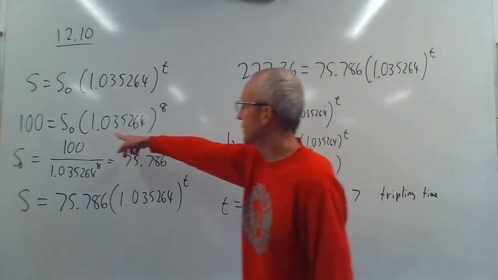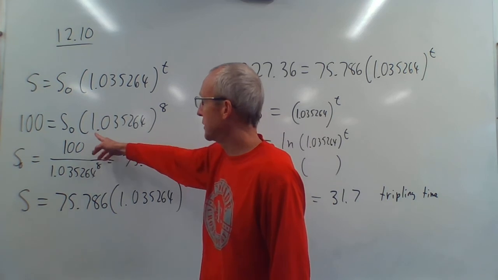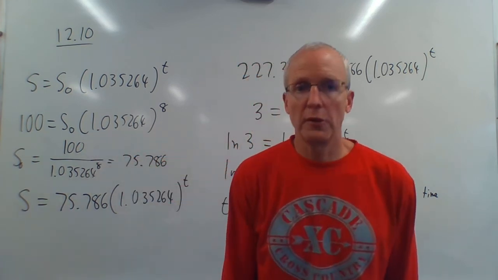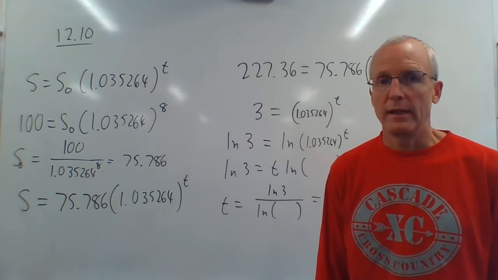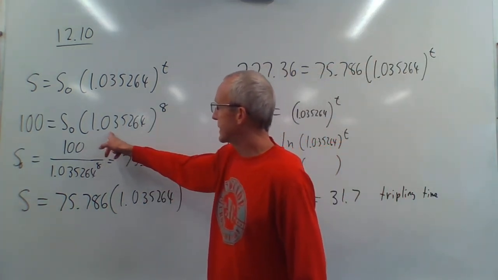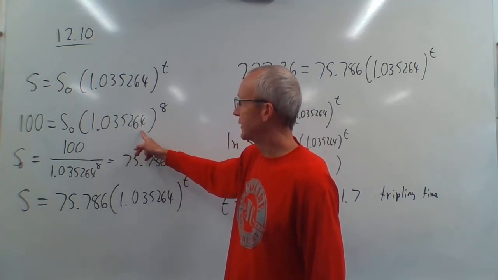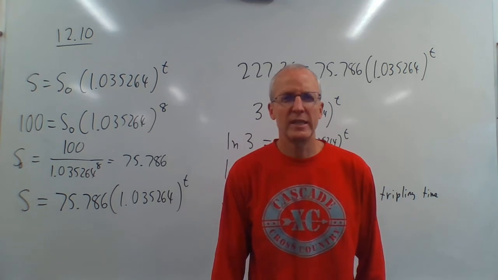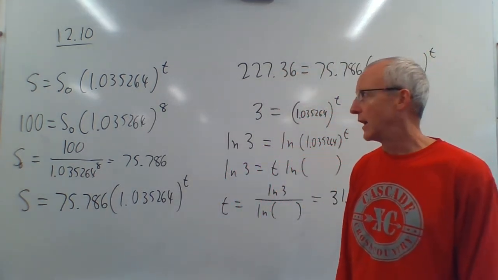Now the b gives you the growth rate too. The bigger b is, the faster it grows. If you want to look at the growth rate on an annual or a daily basis, this number here is the growth rate at the end of every day. So not continuous, but at the end of whatever time period you're looking at.